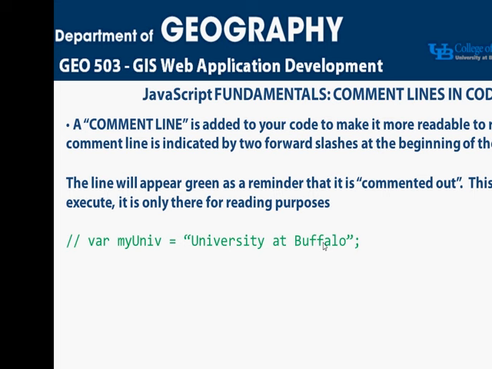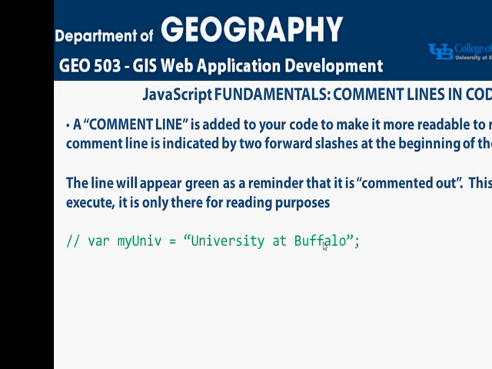JavaScript has the same thing, but it's two forward slashes at the beginning of the line. So you see there, I have a JavaScript statement setting a variable. I've commented out the line with the two forward slashes. And Visual Studio will turn green. That line will not run. So the two main purposes are to add notes in your code, explaining what it does.